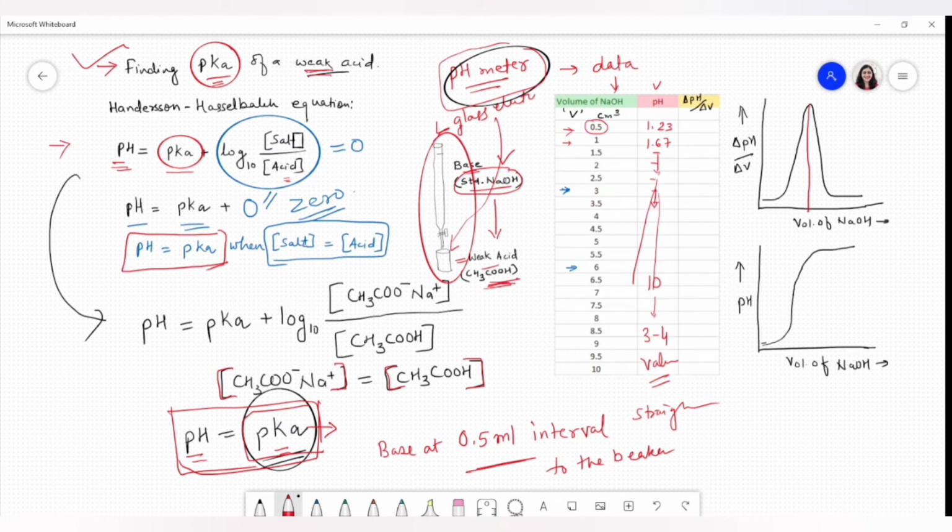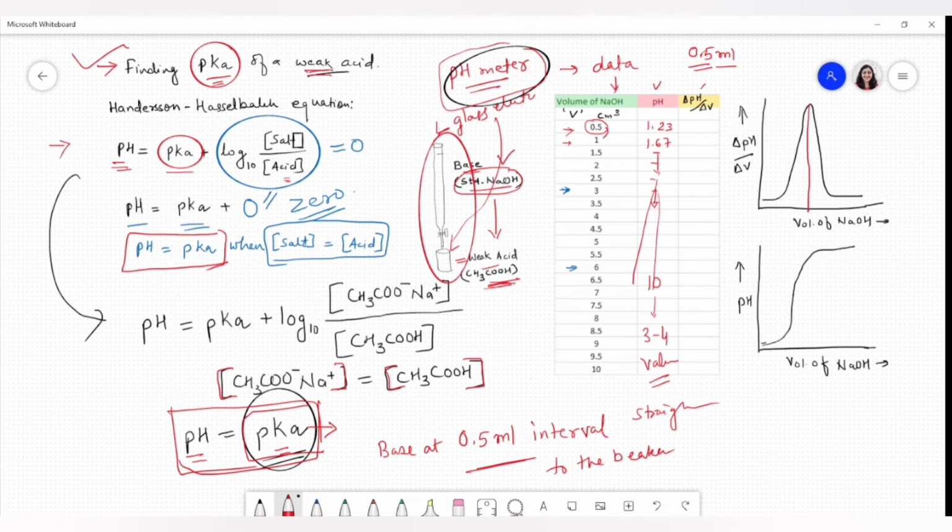I have taken delta pH upon delta V. So the change in the pH values divided by the change delta V. For all the stages, our delta V is 0.5 because we are adding the base at the interval of 0.5 ml, right? So now what will happen?